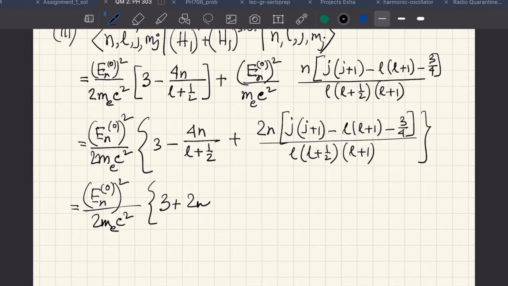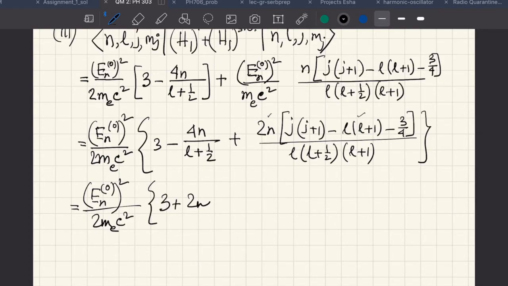You see that there is this L into L plus 1 into 4n here with a minus sign, and then we also have 2n into L plus 1 here with another minus sign. So overall it will simply be 3 into L plus 1 with a minus sign.